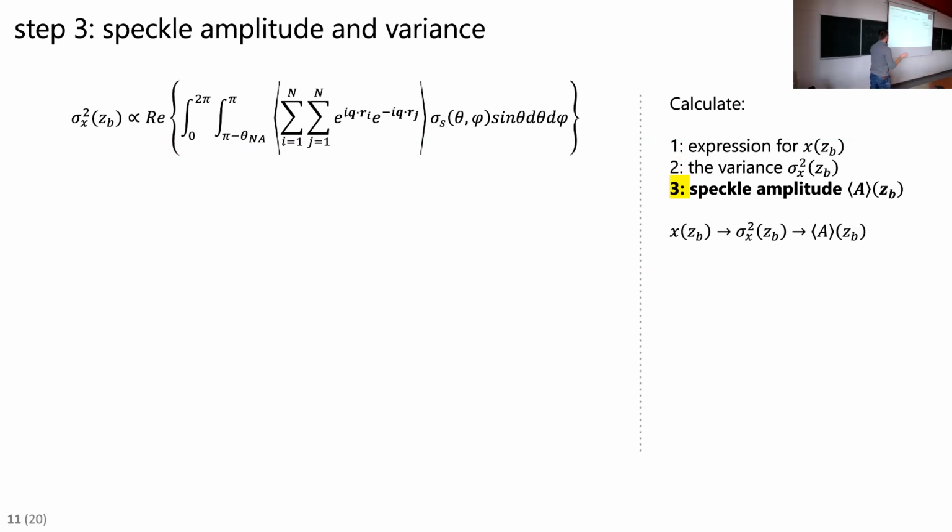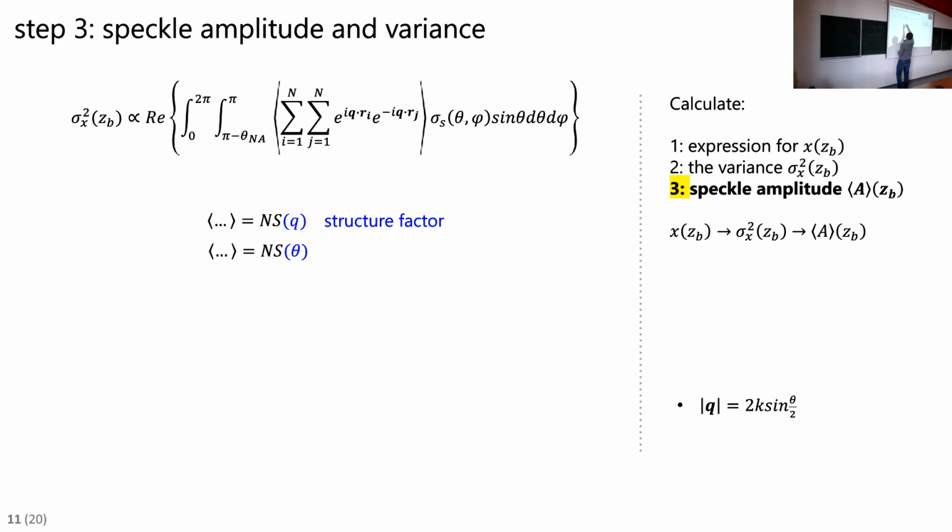But we have this equation, then the last step, of course, was to multiply that with the factor of p over 2 and take the square root. So essentially, we are already pretty close to the answer. A couple of things that we can do here. We see the average of the phase differences between the different scatterers. That was the structure factor, which we had before, or the transform of the pair correlation function.